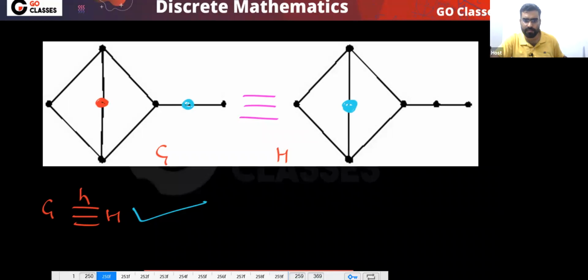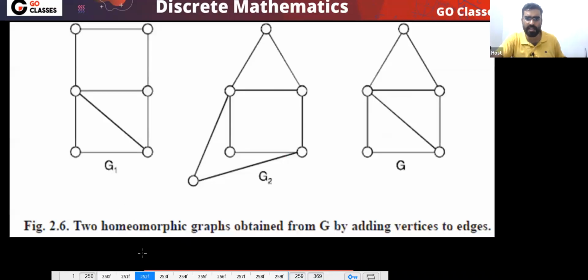And what about these graphs? You can notice G1, G2. Are they homeomorphic? Two homeomorphic graphs obtained from G by adding vertices.